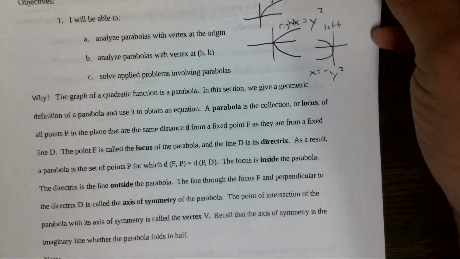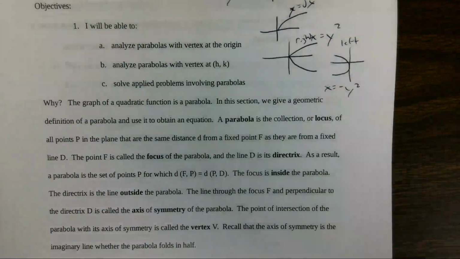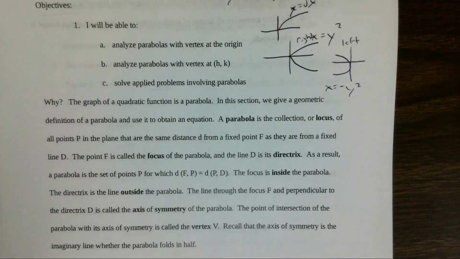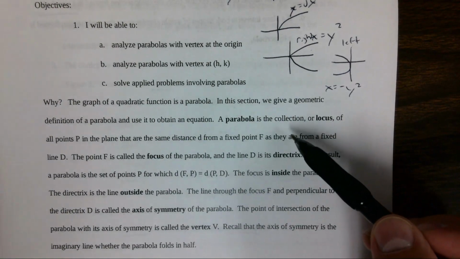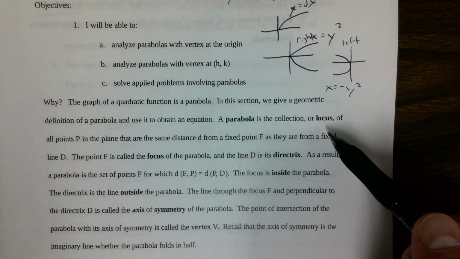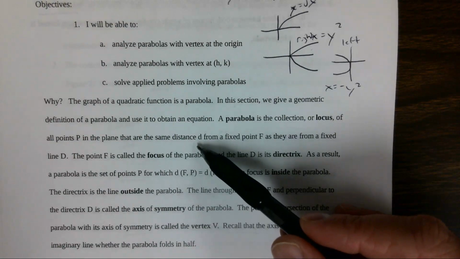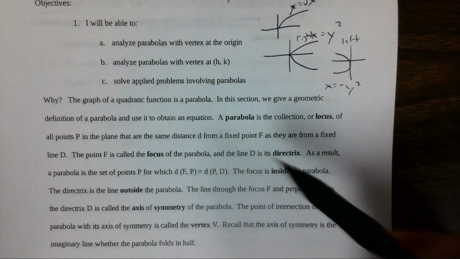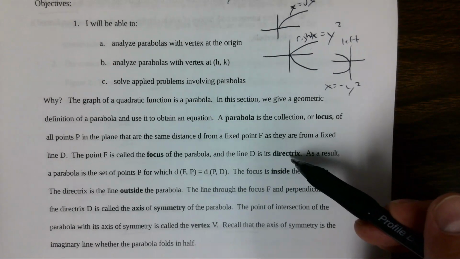Okay, so you're going to have certain characteristics in this, and some of these you're going to be able to get on the calculator. The parabola is called the collection or locus of the points the same distance d from the fixed point F, which is the focus, and the line D is called the directrix.